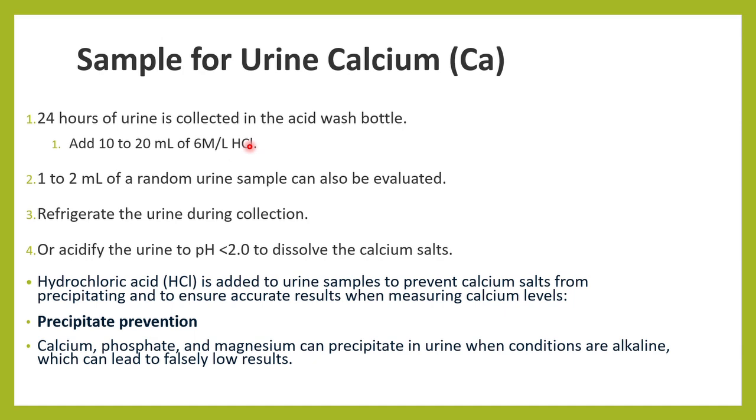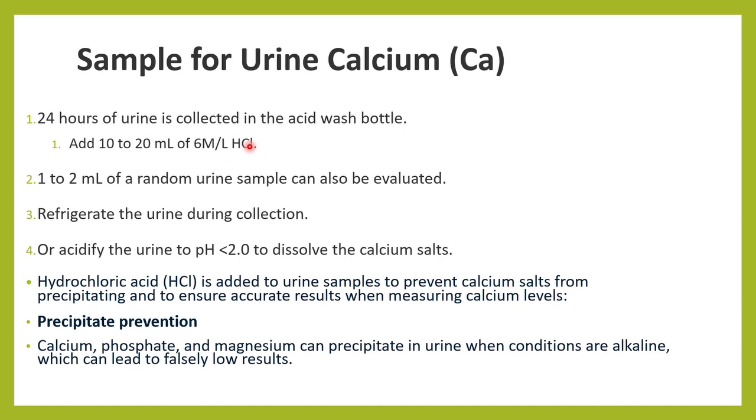Whenever we give such acid-washed bottles to the patient, we are supposed to tell the patient that this bottle is acid washed. Do not pass urine directly into the bottle. They can collect it in a container and then transfer it into this bottle to avoid burns.